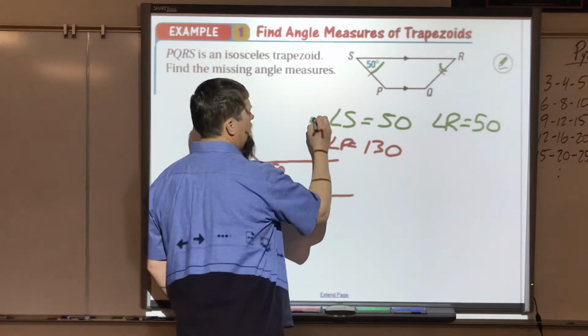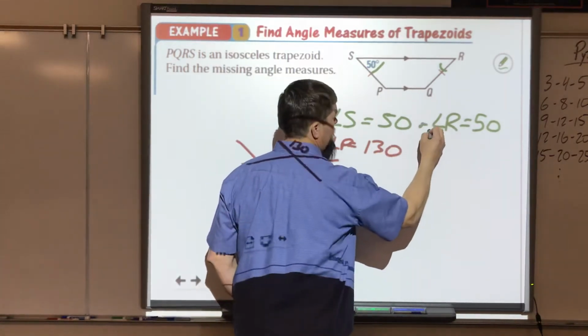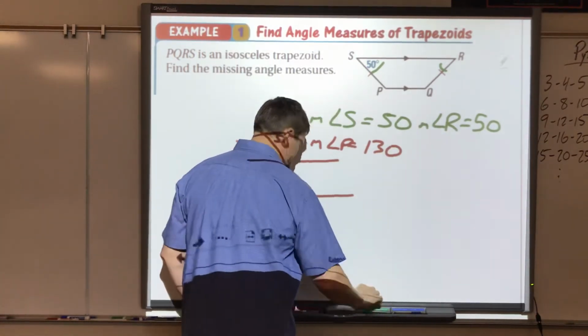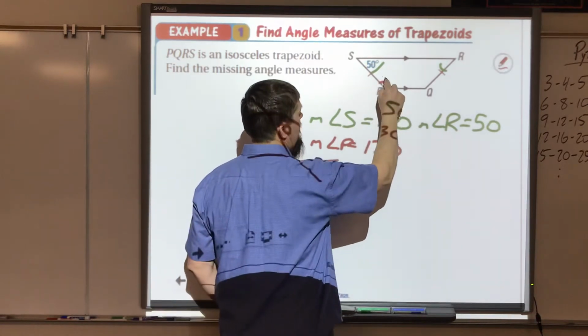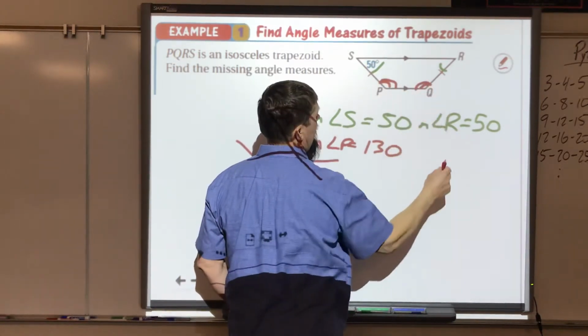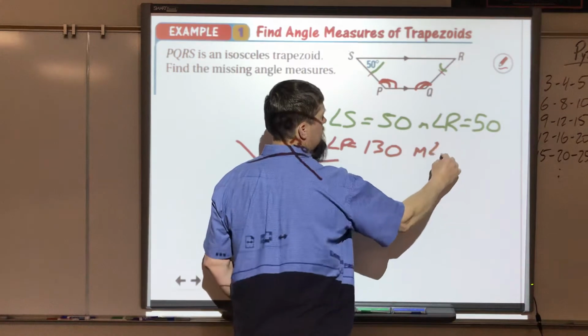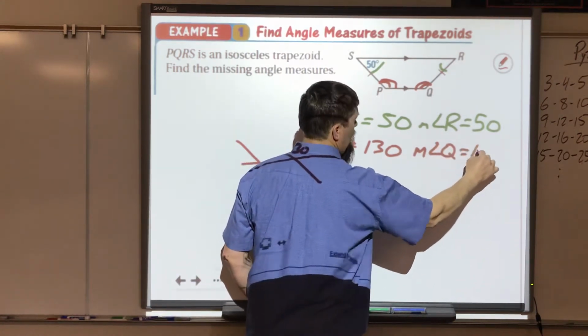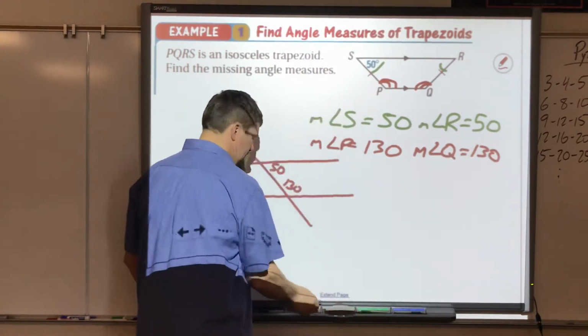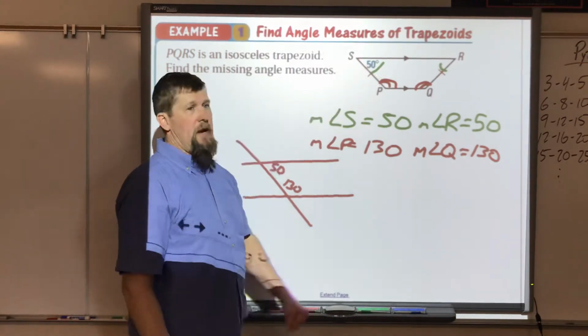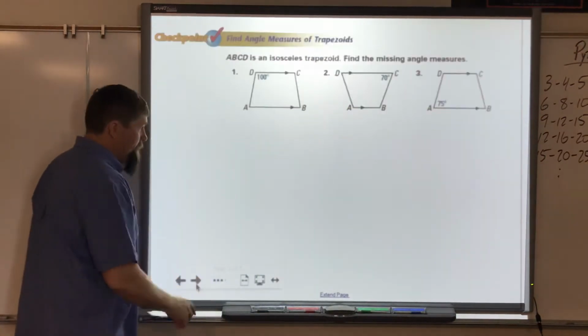The measure of angle S is 50, the measure of angle R is 50. And then likewise, these are base angles, so they also have to be congruent. So the measure of angle Q is 130. Same side interior angles are supplementary.